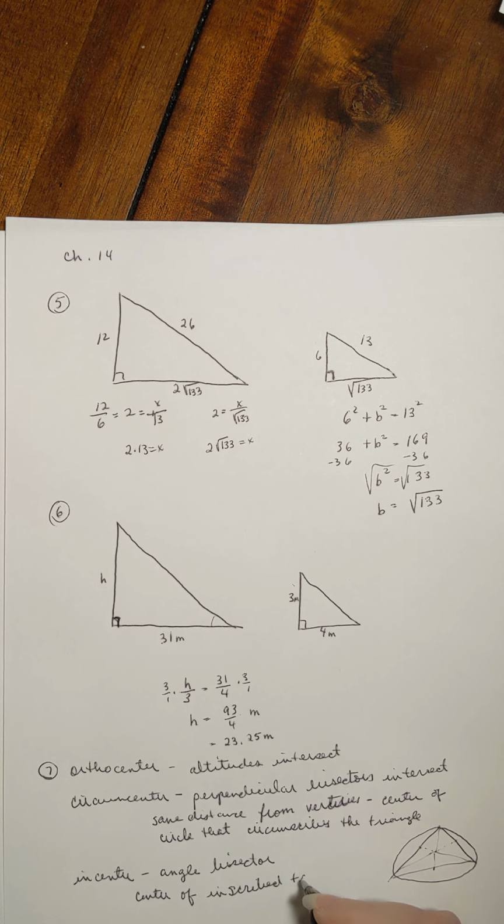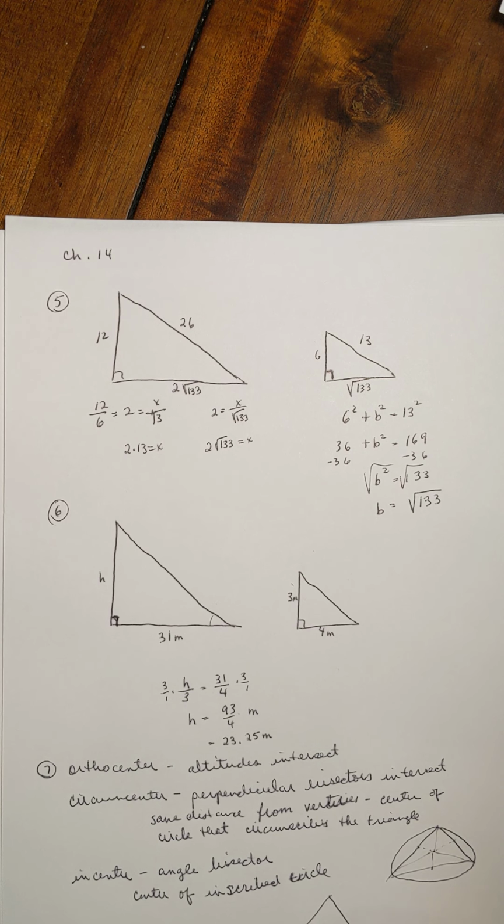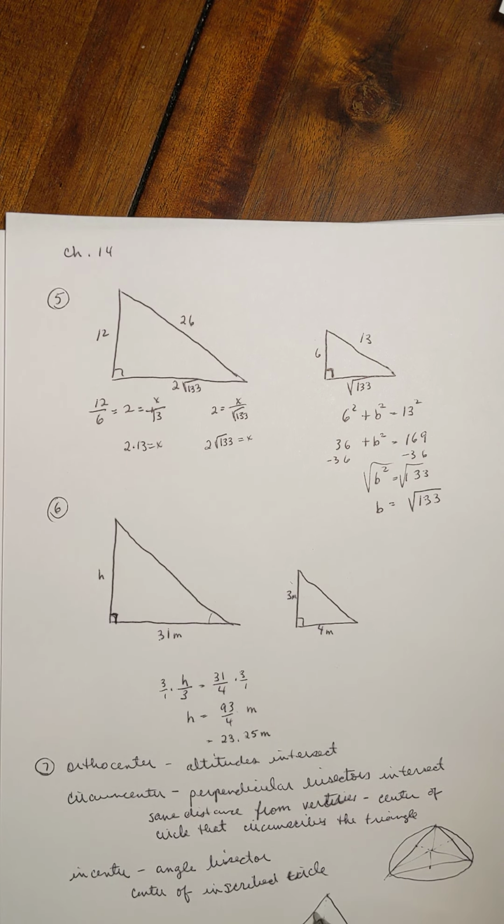Right, so again, on this one you have the triangle, and you're going to bisect this angle, bisect this angle, and bisect this angle, and this gives you the center of the circle that is inscribed in the triangle.